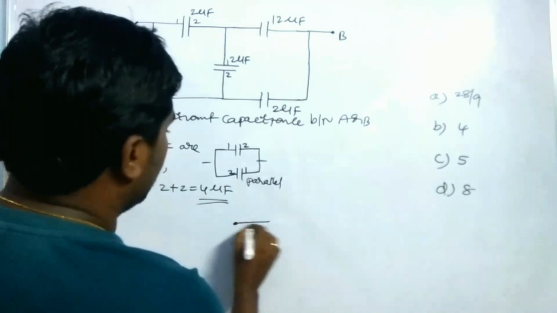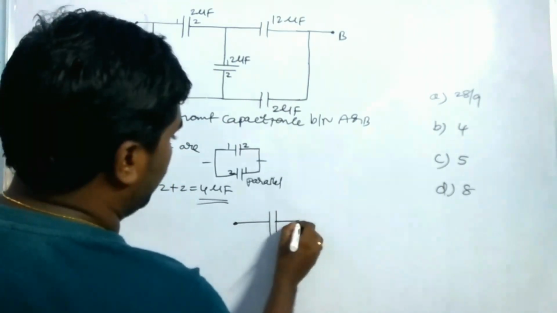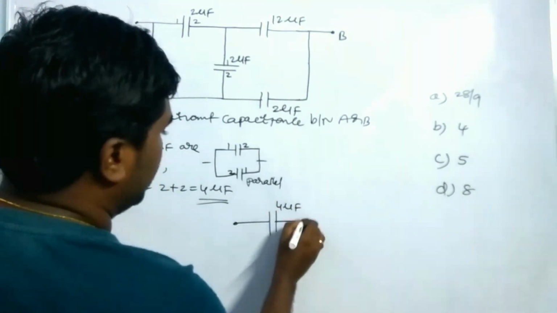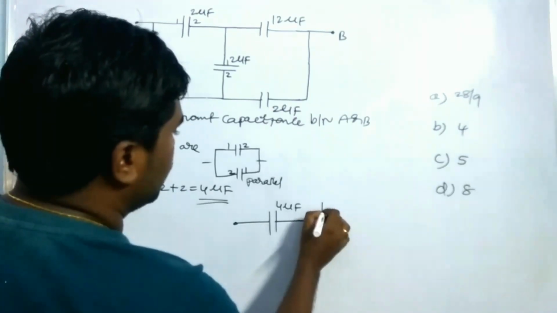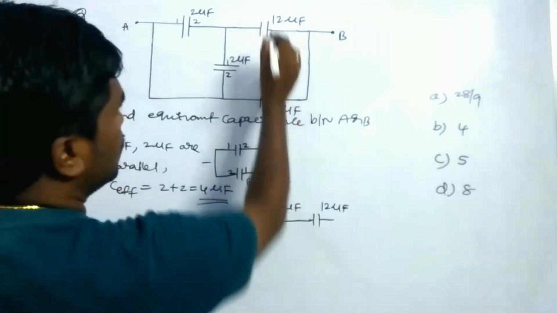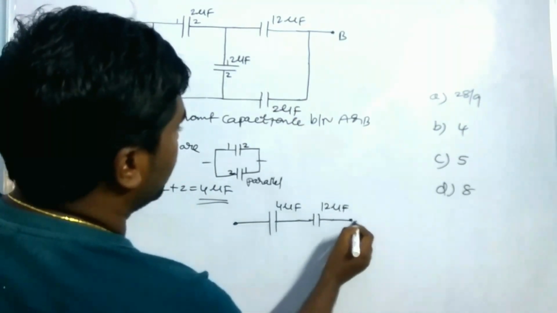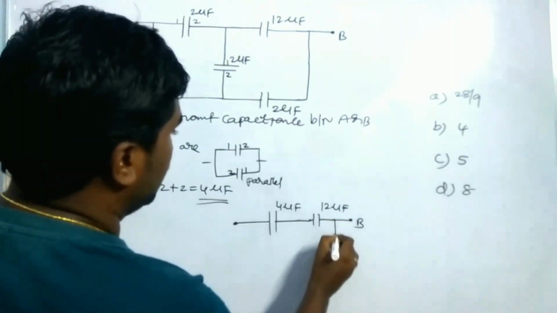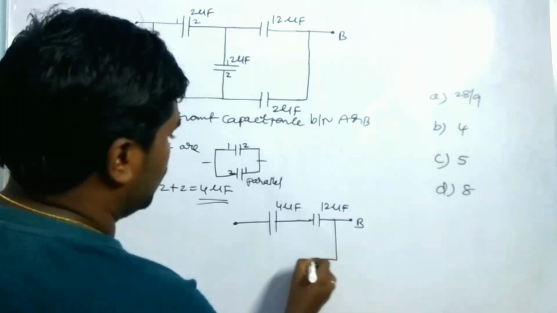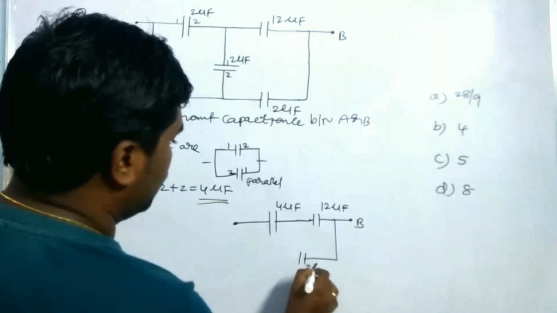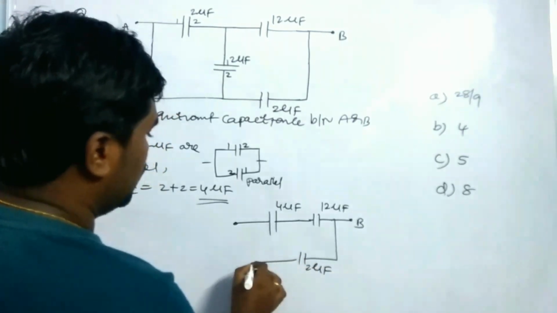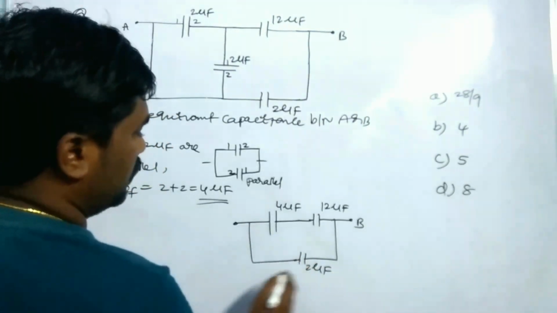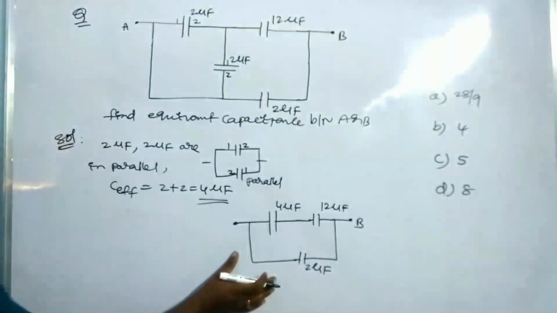This is A, and here this is 4 microfarad, and here this is 12 microfarad. This is B, and here there is 2 microfarad connected to this one. So this is the diagram.